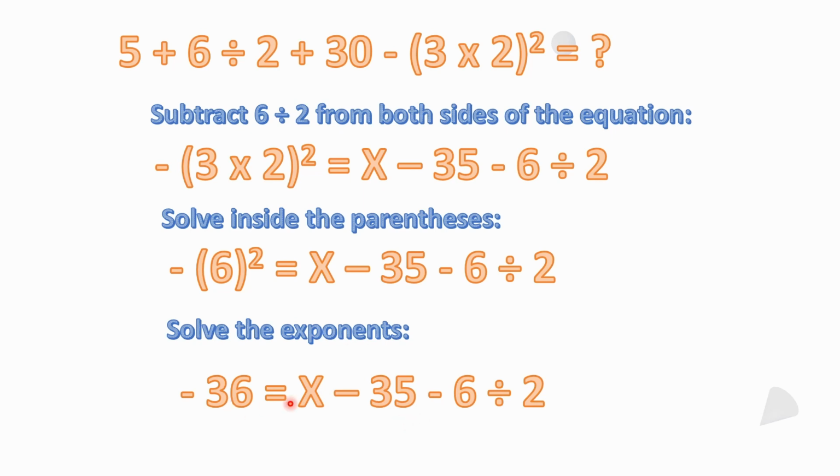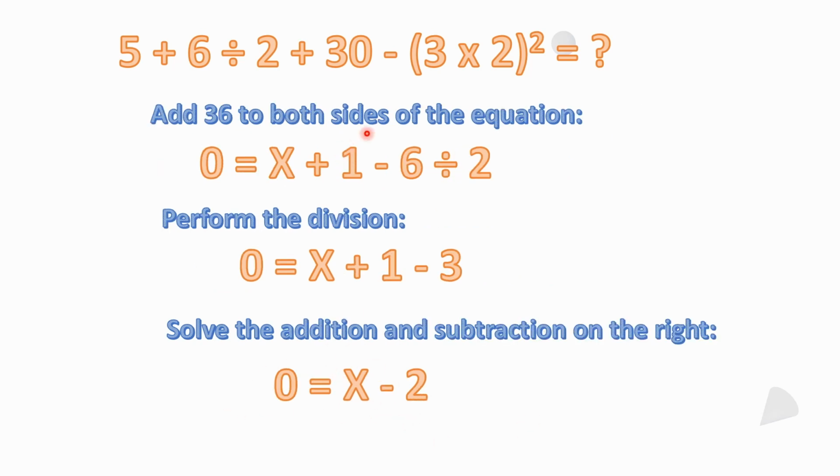Minus 35 plus 36 is plus 1. So this becomes x plus 1, and then we still have our minus 6 divided by 2. Now we can go ahead and perform our division.